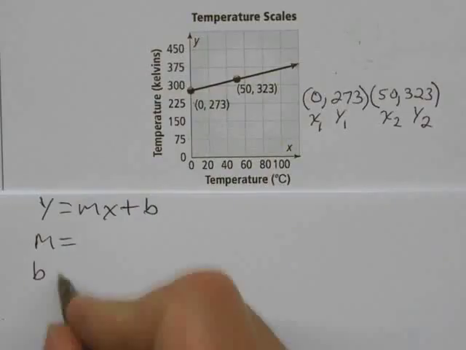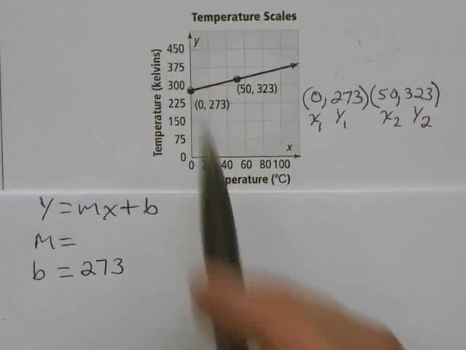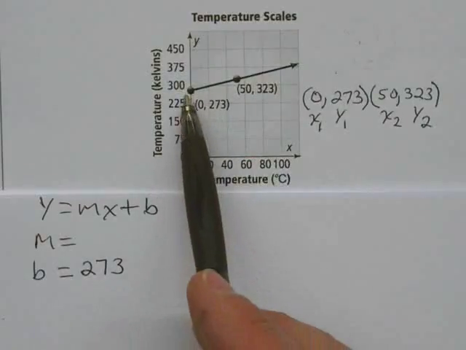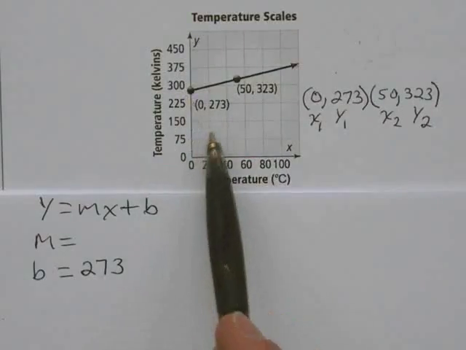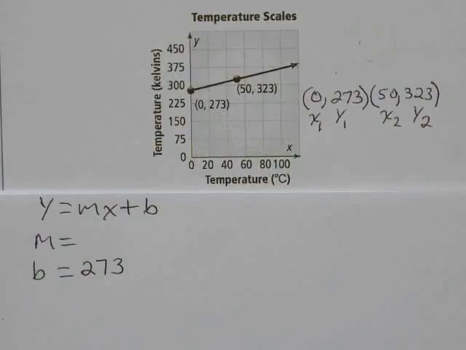So I already know that b is 273. That's how I know. I can't do it visually, right? Because I can't see that this number is 273. But the fact that x is 0 and y is 273, whenever x is 0, whatever y is, that will be your intercept.